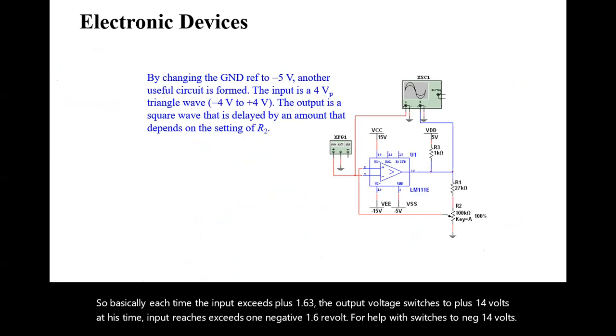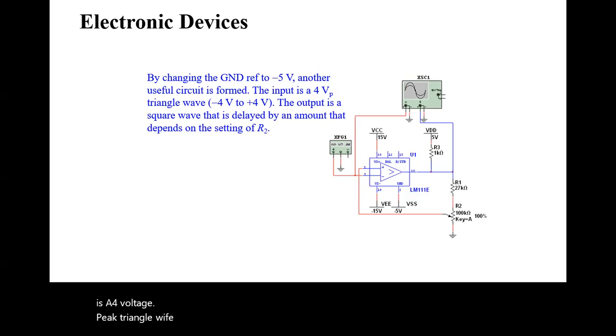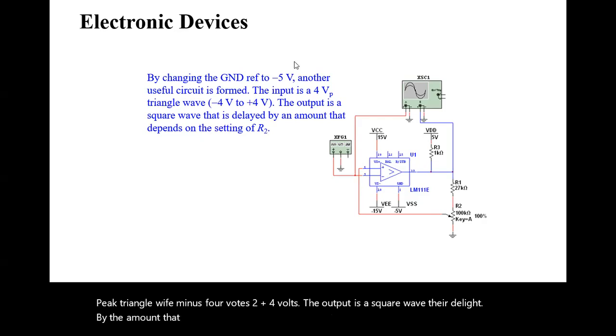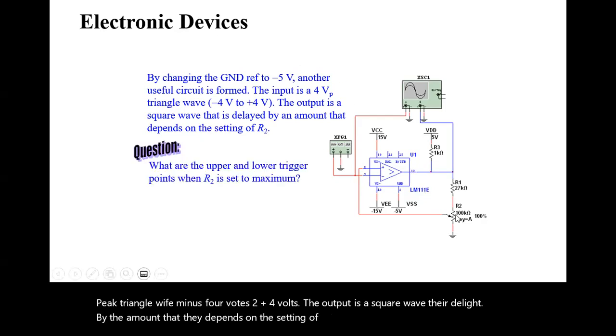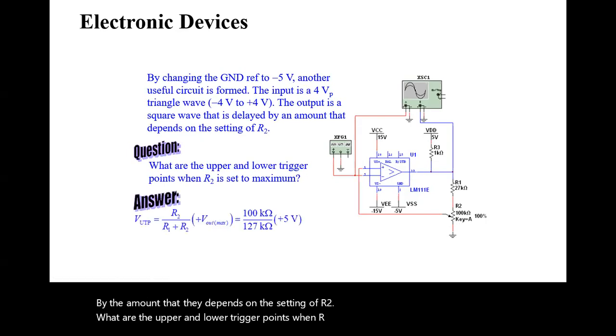By changing the ground reference to negative 5 volts, another useful circuit is formed. The input is a 4-volt peak triangle wave, minus 4 volts to plus 4 volts. The output is a square wave that is delayed by an amount that depends on the setting of R2. What are the upper and lower trigger points when R2 is set to maximum?